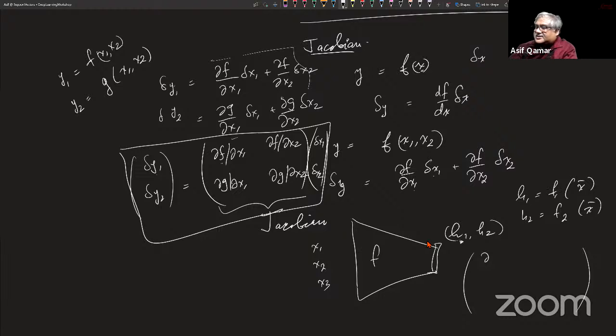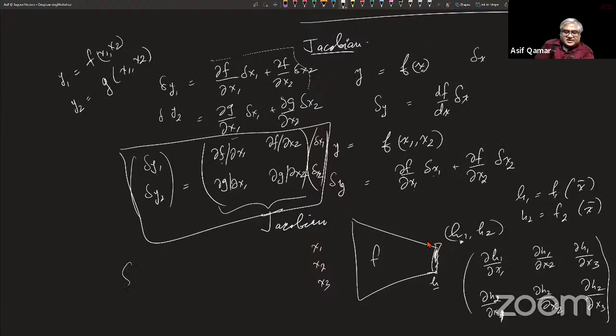Since f1 and h1 are the same, people often just write it as the response of the output, by which I mean just the latent representation h. So dh1/dx1, dh1/dx2, dh1/dx3, then dh2/dx1, dh2/dx2, dh2/dx3.